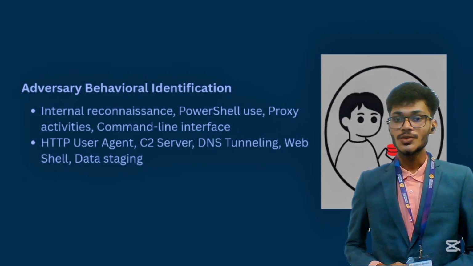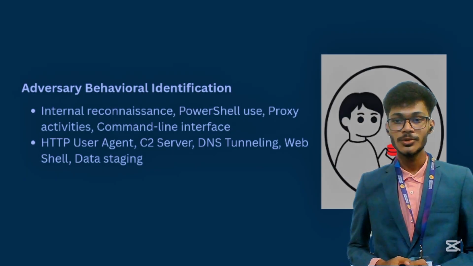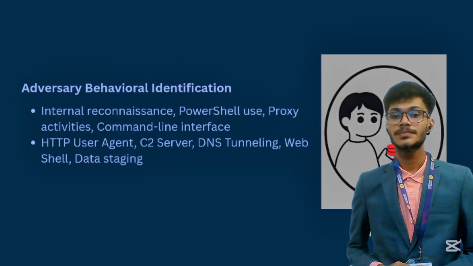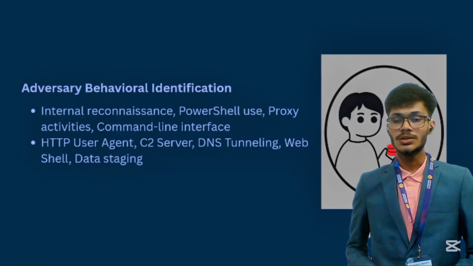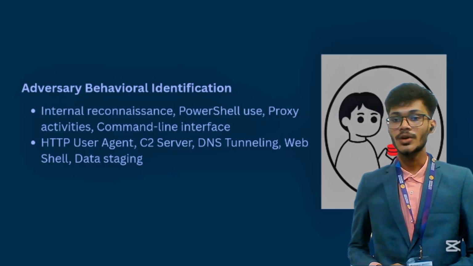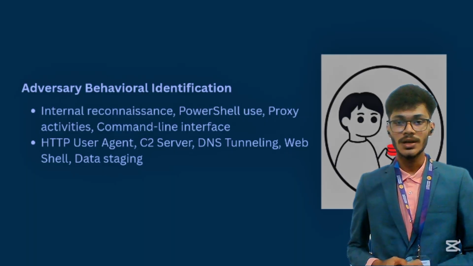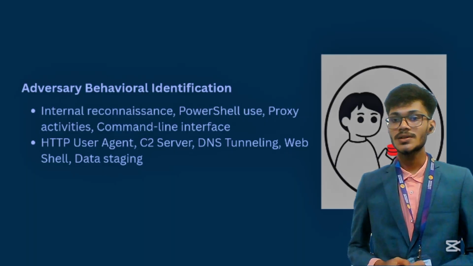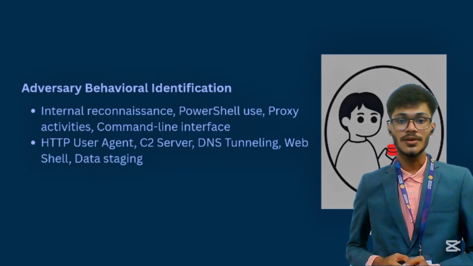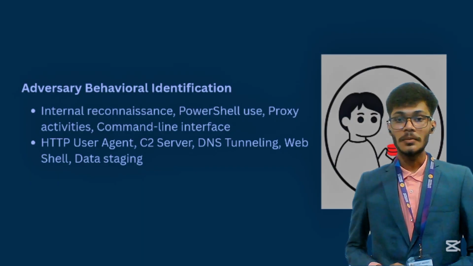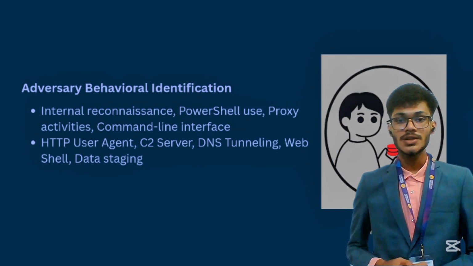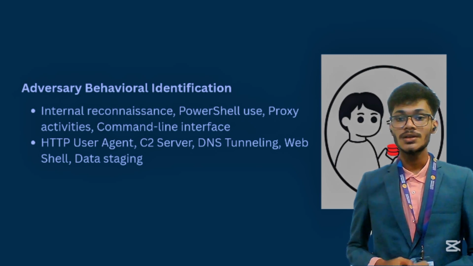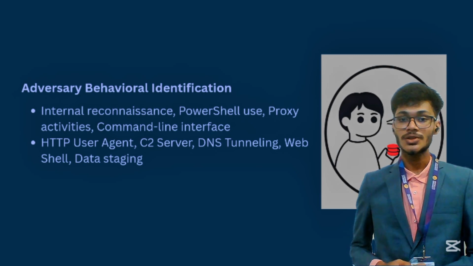Attackers may also use web shells to remotely control servers. Data staging, where stolen data is organized before being exfiltrated, is another red flag. By continuously monitoring these behaviors, security teams can detect intrusions before major damage occurs.